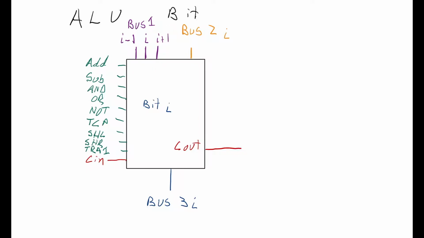So we take in bus 1 bit 5 for here, bit 4 for here, and bit 6 for there. And then we'd go ahead and do whatever operation was turned on. We'd calculate the operation and spit out the result.